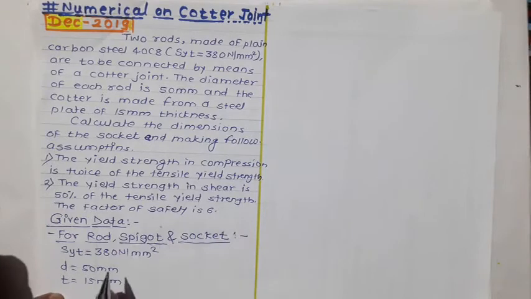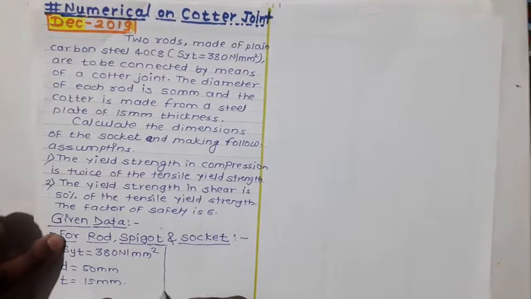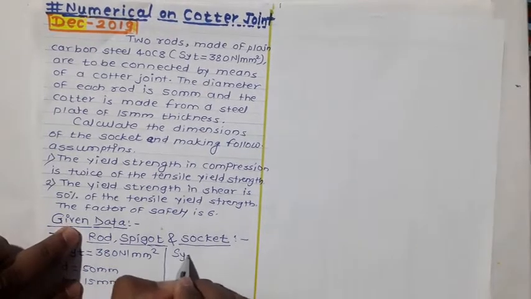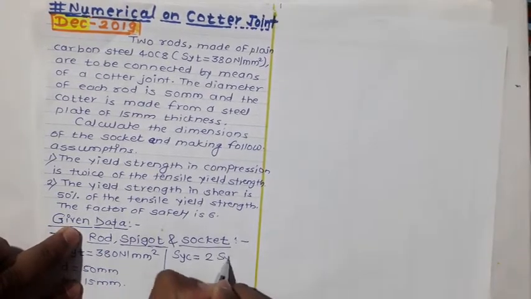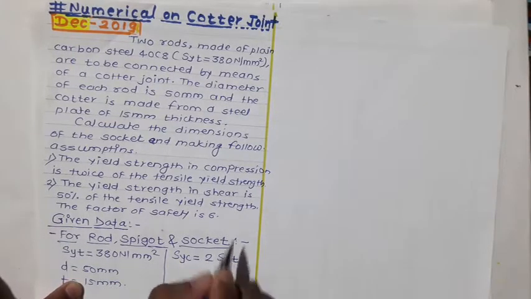Okay, so let us write this first assumption. SYC is twice SYT. Yield strength in compression is twice the tensile yield strength, that is SYT.